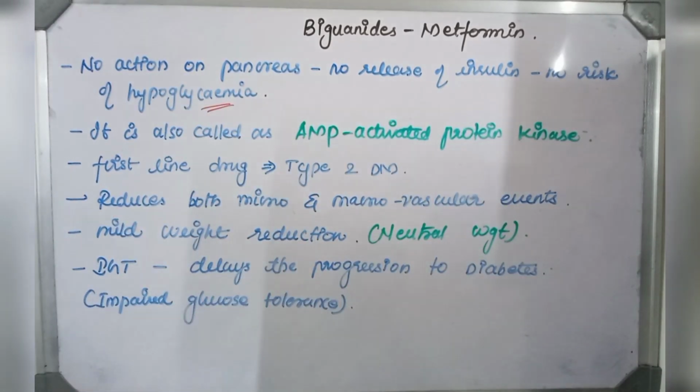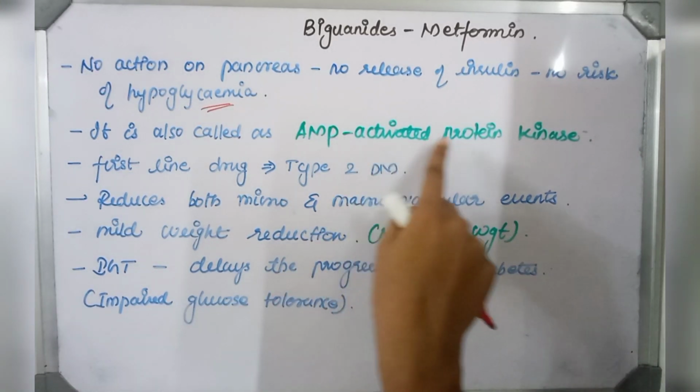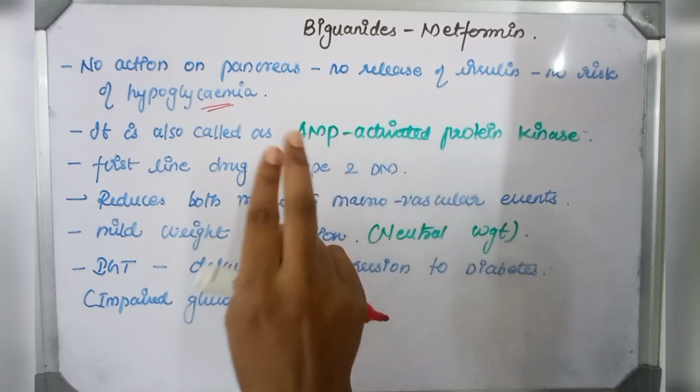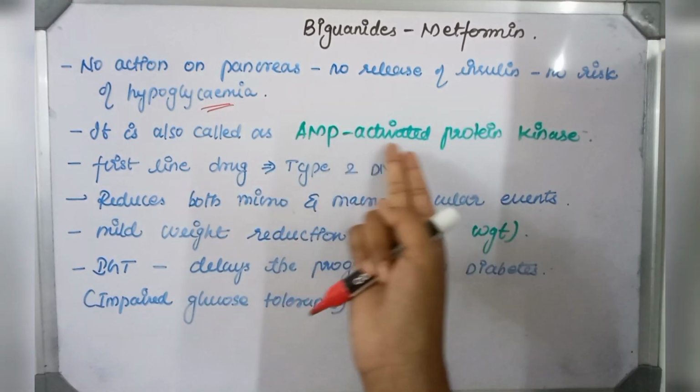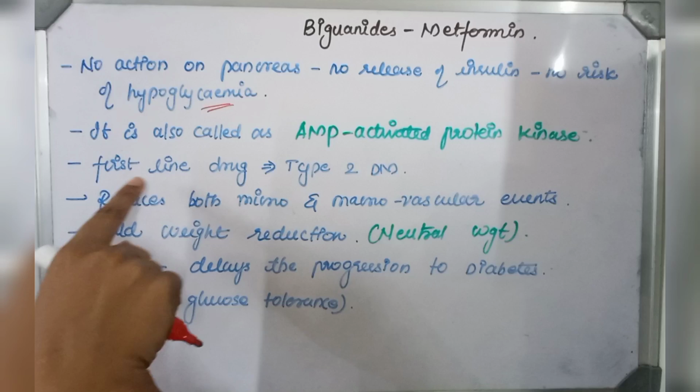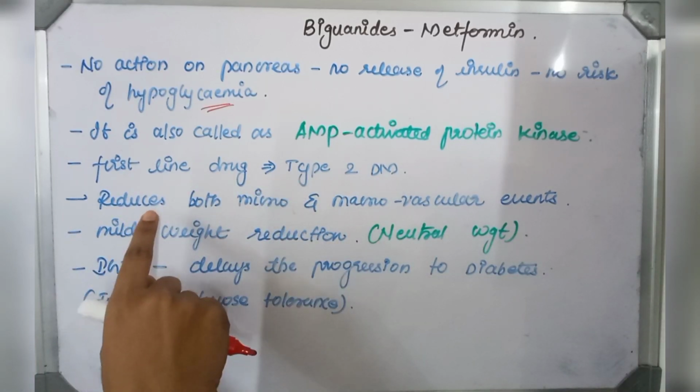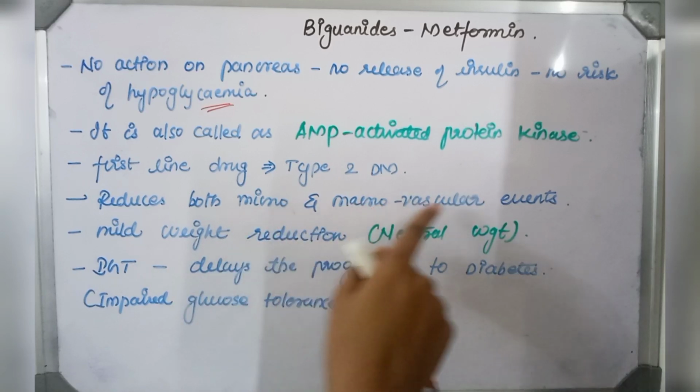It is also called AMP activated protein kinase, in short AMP kinase. Metformin is the first-line drug for type 2 diabetes mellitus all over the world, and it reduces both micro and macrovascular events.